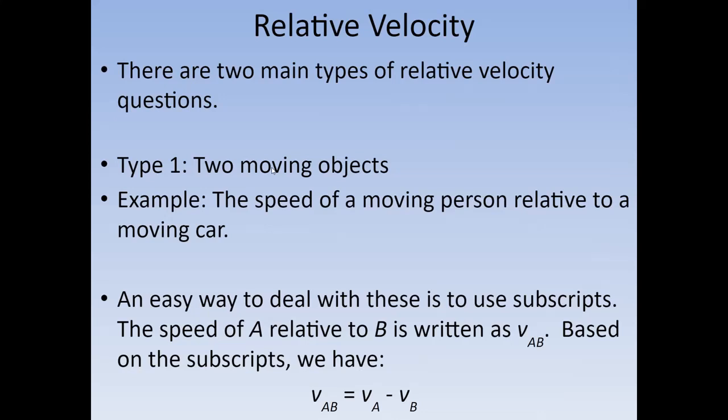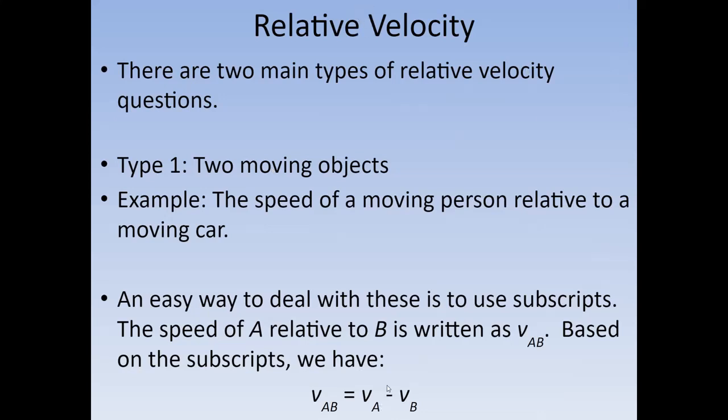So VA could be the person, VB would be the car, and then VAB would represent the relative speed, in this case the speed of A relative to B. This would technically be different than if we represented the speed of B relative to A. Basically, it would just flip the direction.